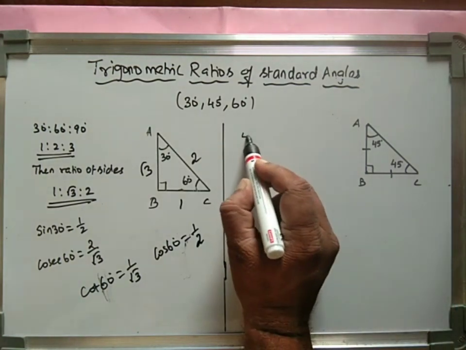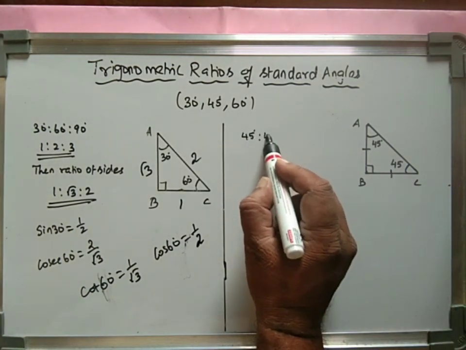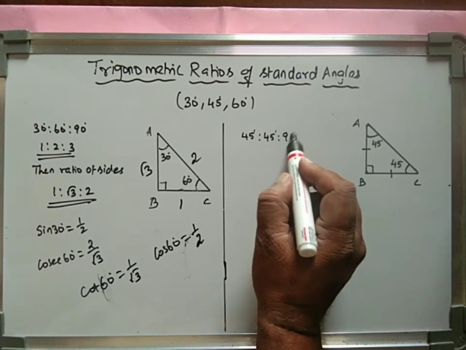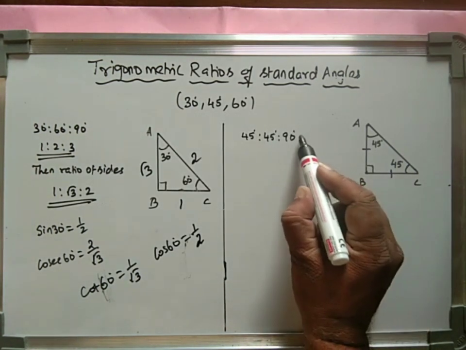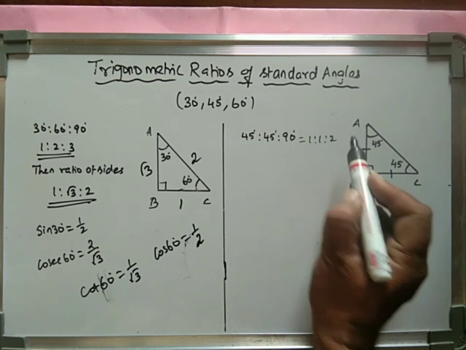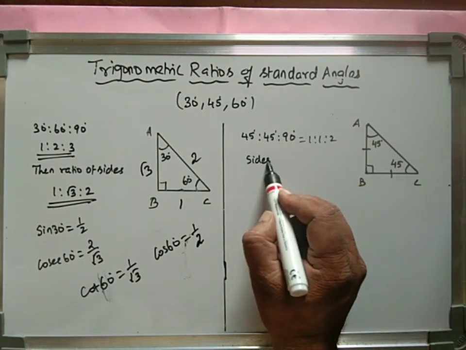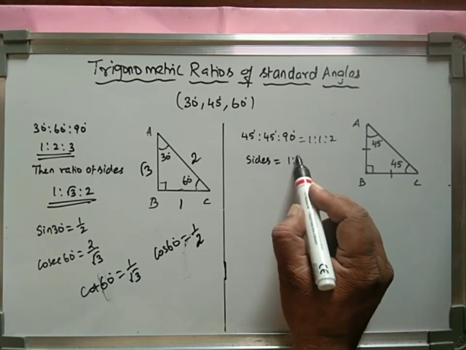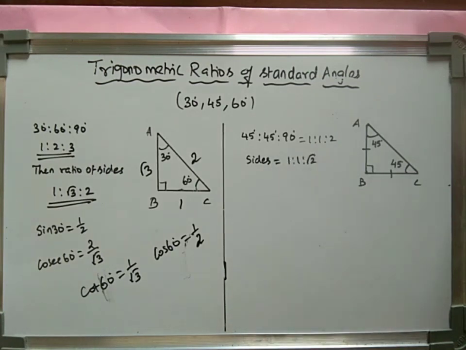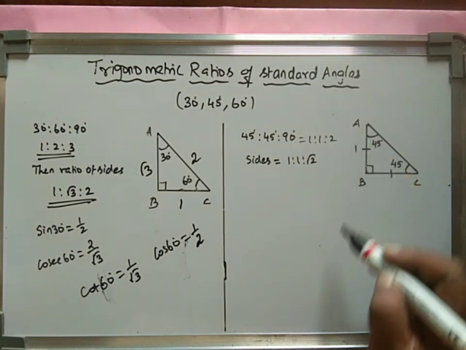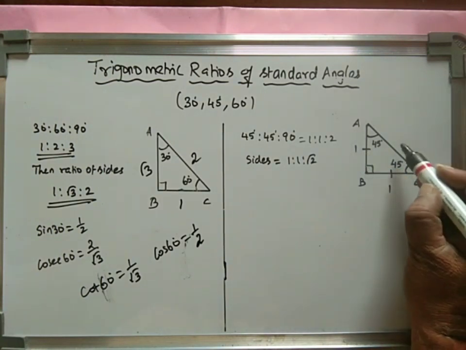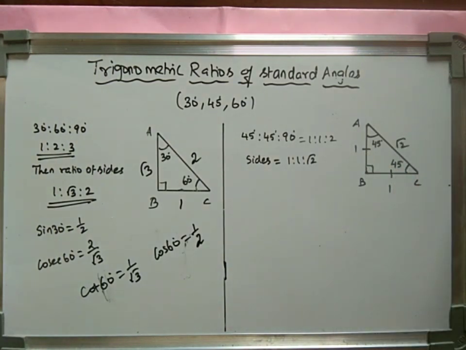So here the angles will be 45 degree, 45 degree, 90 degrees. Then the ratio of sides will be 1 is to 1 is to root 2. Therefore, AB will be 1, BC will be 1 and AC will be root 2.